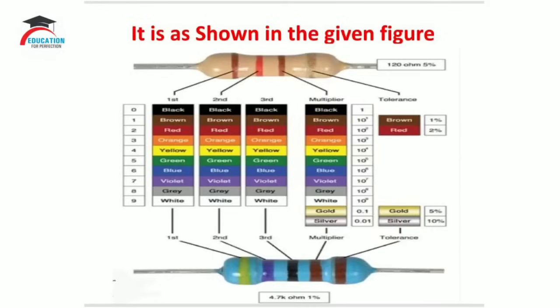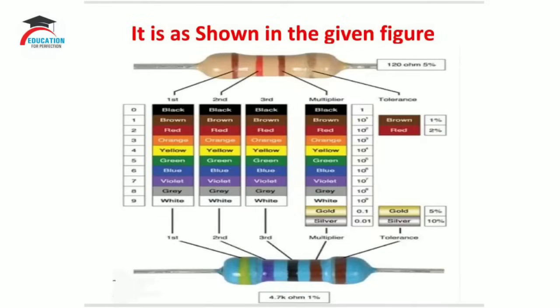This multiplying factor in this case is taken as 10 to the power 1, which is equal to 10. So finally, how will we calculate the total value of the resistor? By adding and multiplying these things.